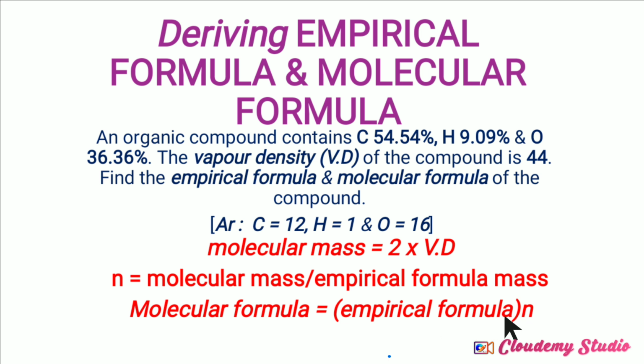So if we multiply the value of n with the empirical formula, we will get the molecular formula. So first we need to derive the empirical formula of the compound from the given percentage mass. That we can do at the next page.